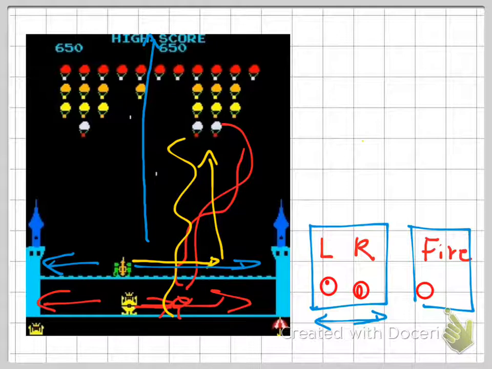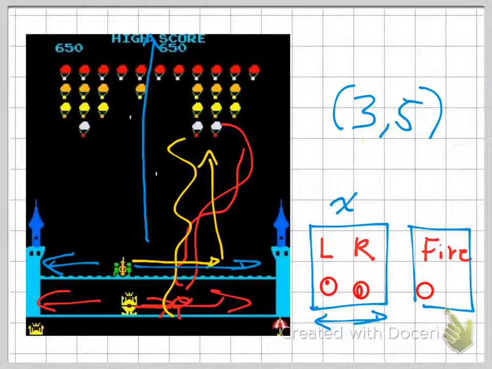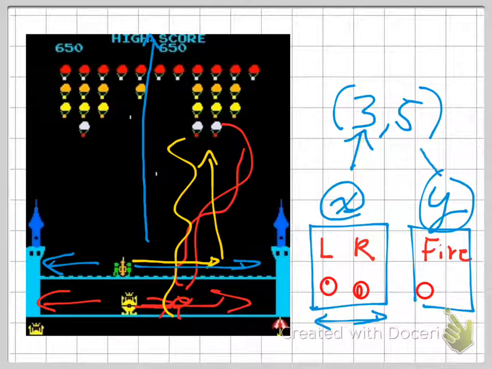Well, this is how we're going to do coordinate graphing, believe it or not. What we do first is in an ordered pair, like 3, 5, what that means to do is to first move left or right. That's the x coordinate, the first number. And then the second coordinate, the y, tells us where we're going to go up and down. Kind of like the King and Balloon game. First you move left or right, then you press the fire button and you shoot up.